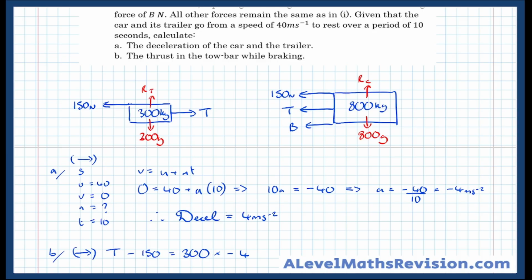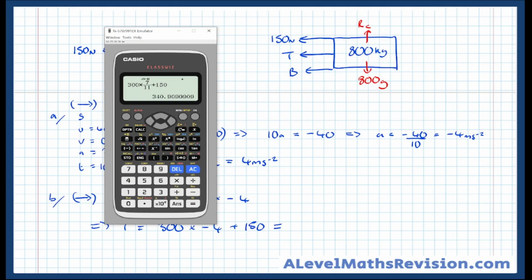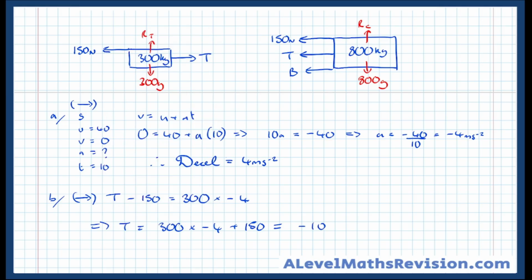It's accelerating at a rate of minus 4 meters per second squared, which means that T equals 300 times minus 4 plus 150 equals minus 1050 newtons.